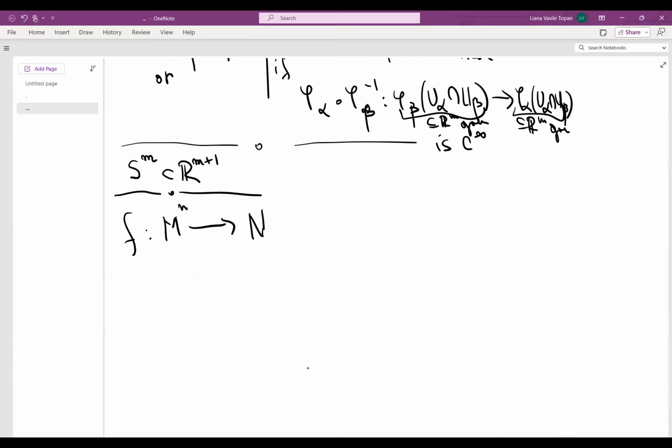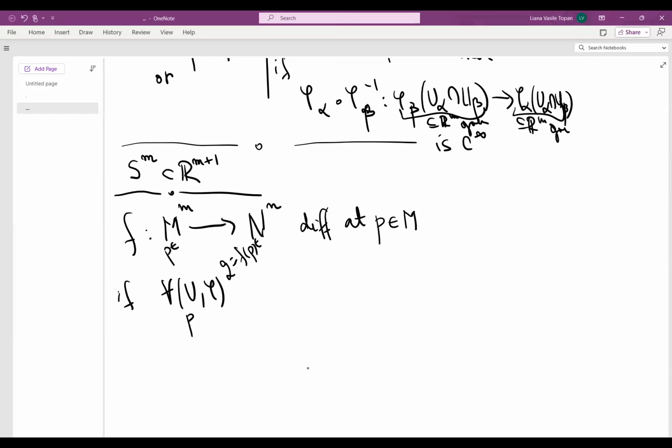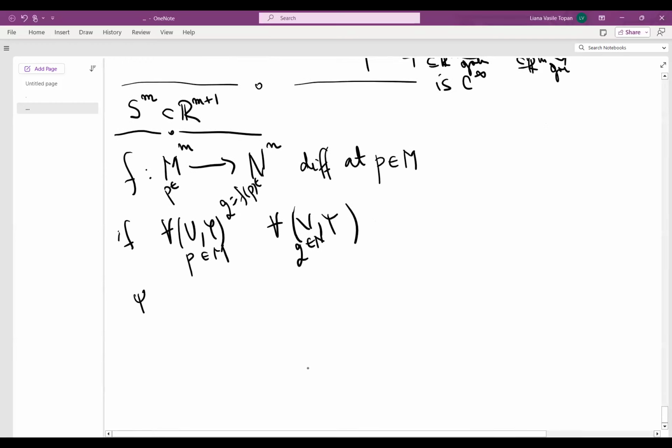We say that a function f defined between two manifolds is differentiable at some point P of the manifold, so P lives in M and f of P lives in N, I'm going to call it Q, for instance, if for any chart (U, phi) around P on M, and for any chart (V, psi) around Q in N, the map given by psi composed with f composed with phi inverse, defined on phi of U with values in psi of V, is differentiable.